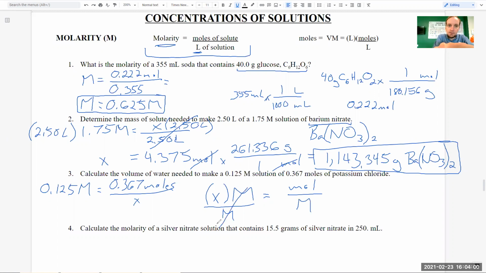Okay, that will cancel that out. So basically what I just did is I swapped places. Again, notice I had molarity on the left and X on the bottom. Now I have X on the left, molarity on the bottom. So ultimately, whenever you see this algebraically, you just switch the bottom X with what's on the left side.